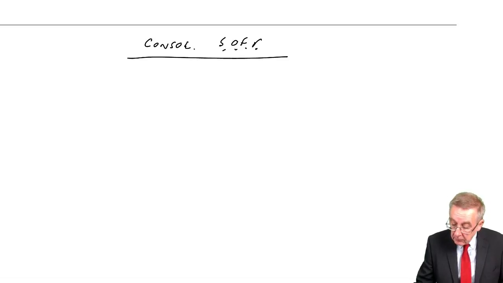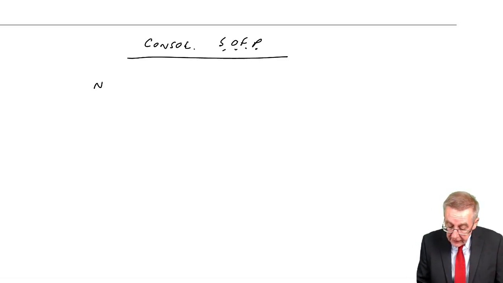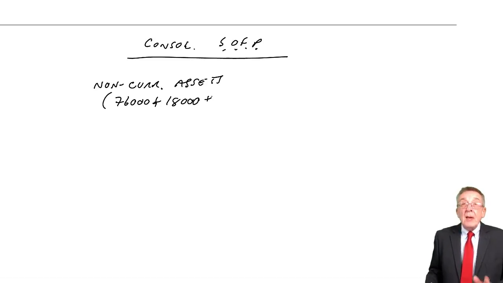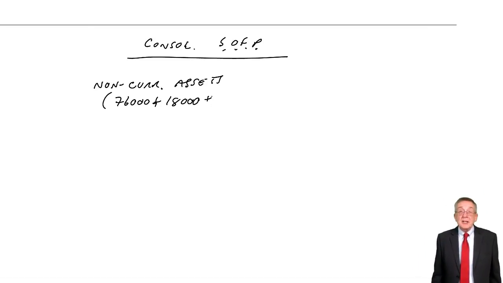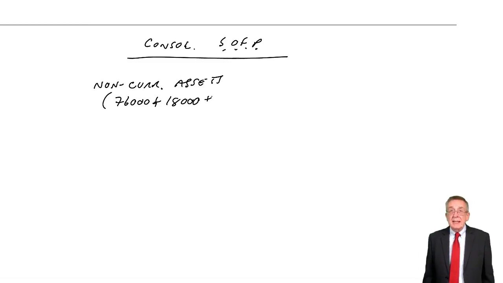Remember from the previous example, two things to watch for. First of all, non-current assets. We add up in the normal way, but if there's a fair value adjustment, as there is here, on S's statement, they'll still be showing the carrying value of 18,000.